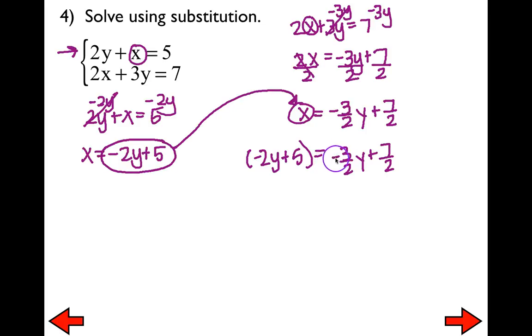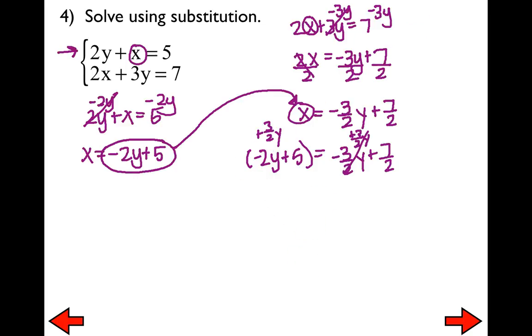So in this case, since we have variables on both sides, just a real quick reminder, this method's really nice because you're going to notice I didn't have to distribute nor combine like terms here. So just keep that in mind. Here I'm going to add 3 halves y to this side and add 3 halves y to this side as well.